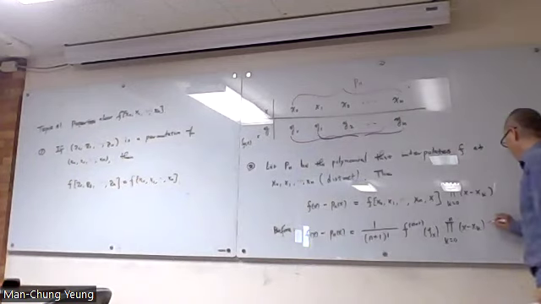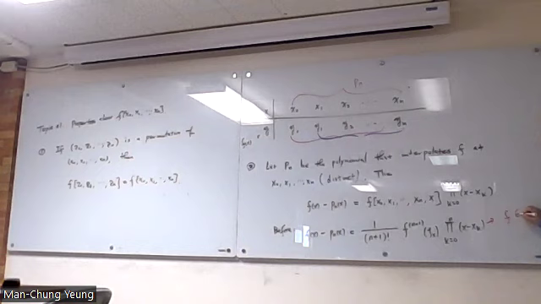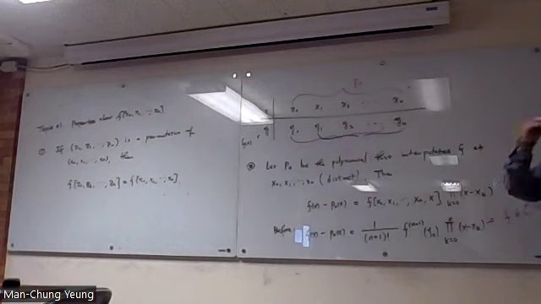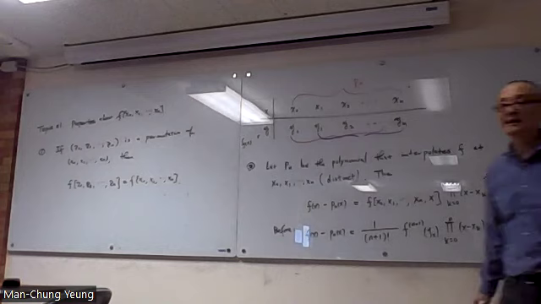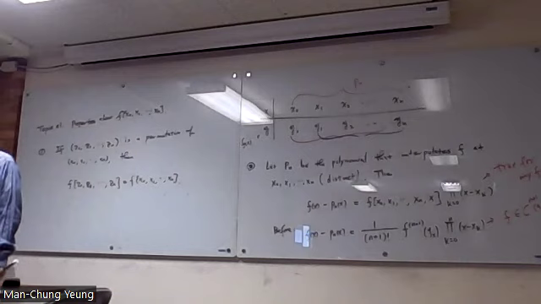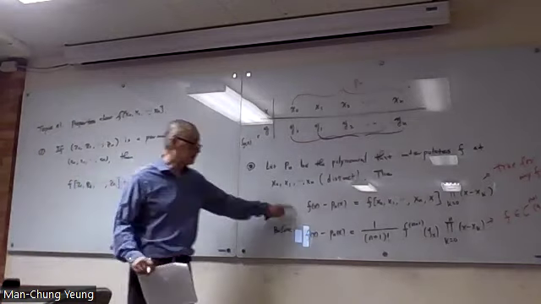This formula requires that f is in C^(n+1)[a,b], meaning f has derivatives up to order n plus 1. Otherwise it fails. How about the divided difference formula? It is true for any function f and doesn't need derivatives. The function may have no derivative. This is the difference.